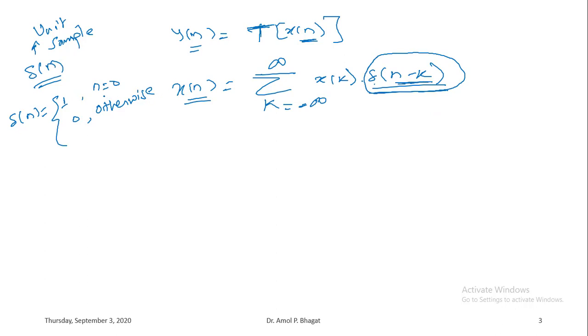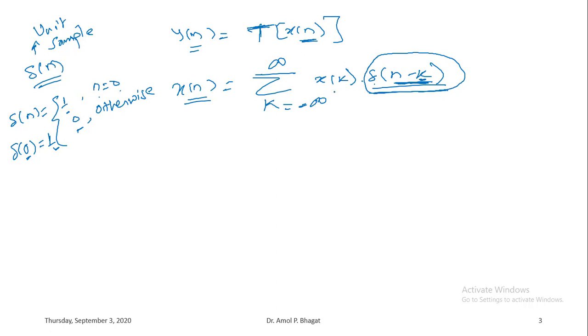Del of 0 is 1, and for other values it is 0. So this happens when we substitute k equals n.